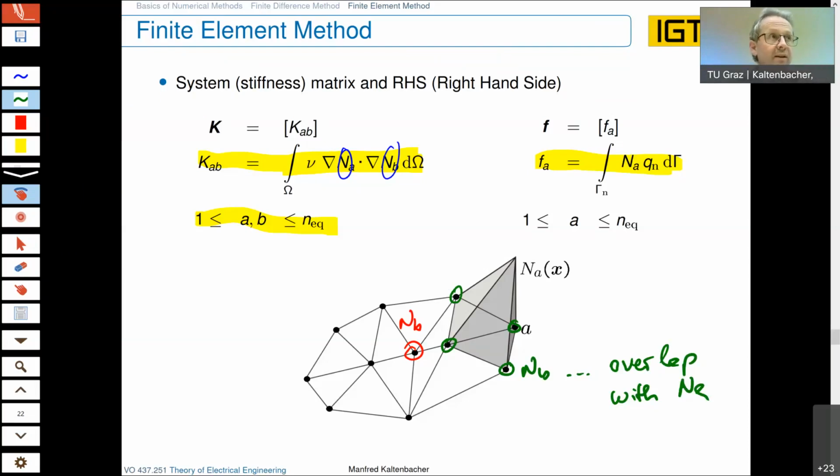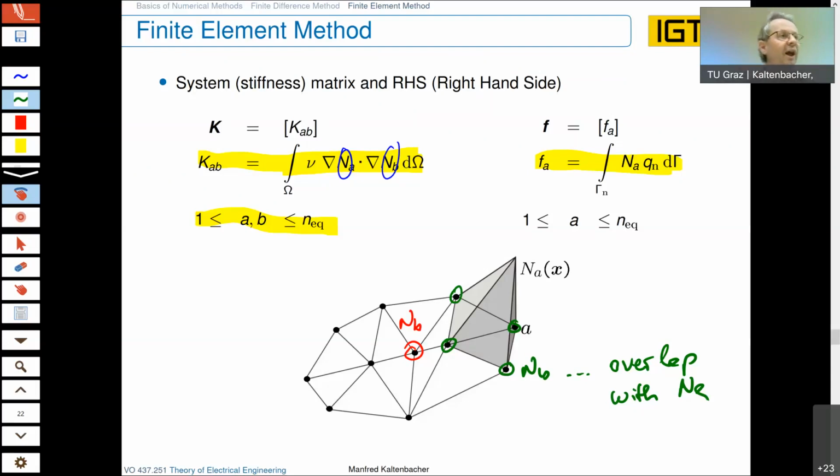That also tells us, and that is the important point, since these hat functions have a local support, they are just different from 0 in a small region, that you have a sparse system matrix. So you have a lot of 0 entries. You will never store the 0 entries. You will always just store the non-zero entries. And the second thing you can nicely see: you have a gradient on NA, you have a gradient on NB.